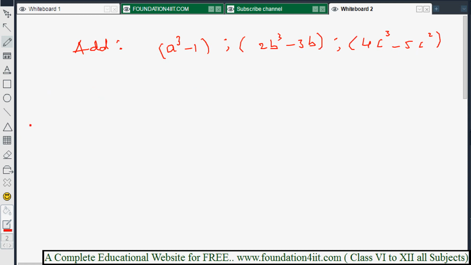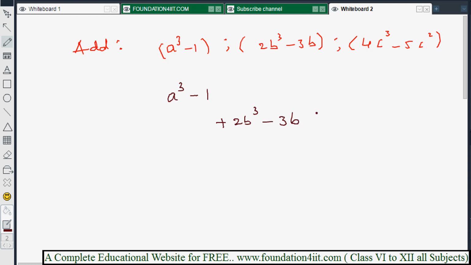So if you do it in the vertical way, you can write in order. First one is a cube minus 1. There are two terms. Next, 2b cube, that means there is no b cube term in the first, so separately you can write, give a gap, plus 2b cube minus 3b, because the b term also is not there.